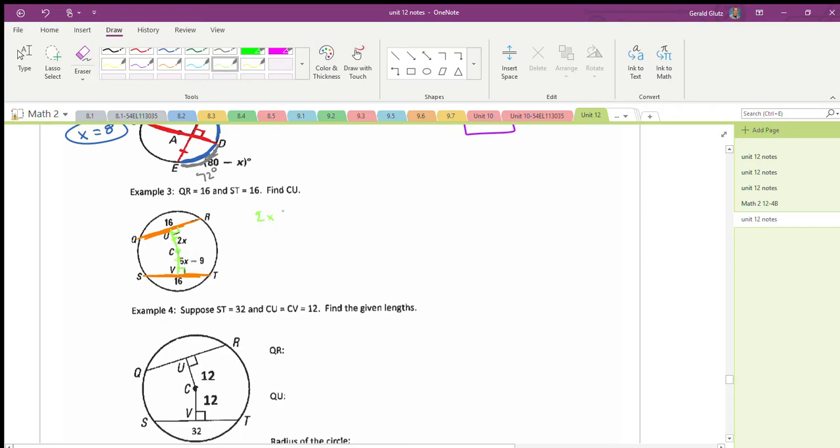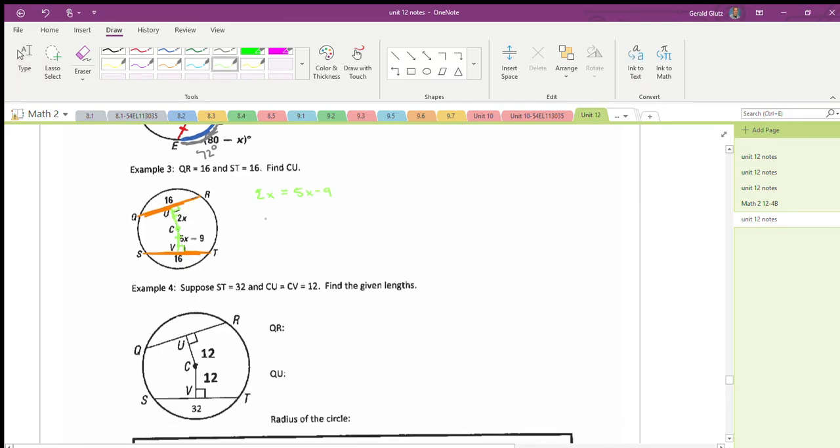So 2x would have to equal 5x minus 9. So I'll subtract 2x on both sides. And I'll add 9 to both sides. And divide by 3 on both sides. So x is equal to 3.